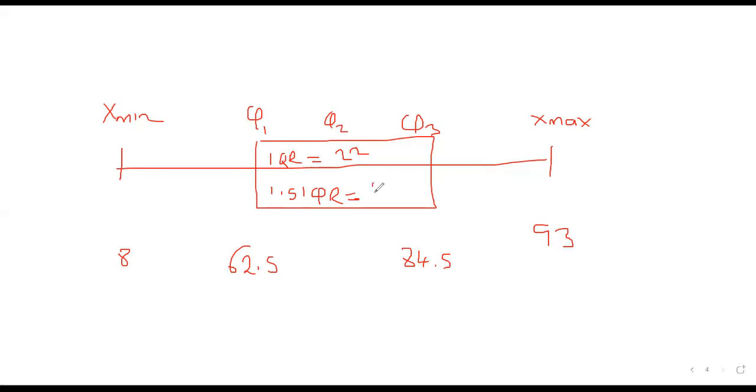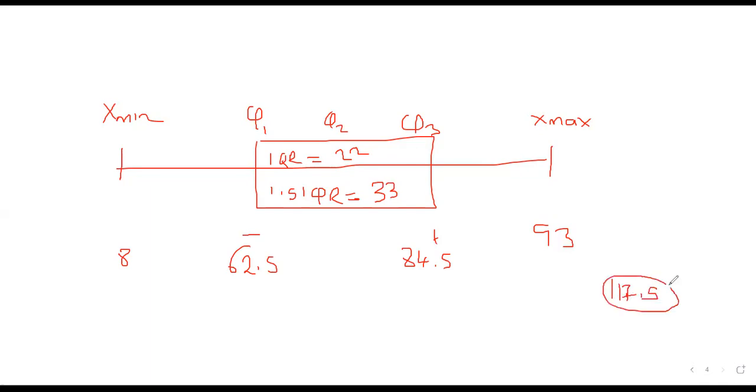So this 33 is called the correction term. You add it here and you subtract it there. So when you add 33 to 84.5, you get 117.5. So you put 117.5 somewhere here.